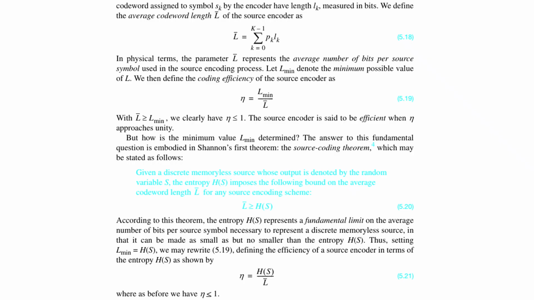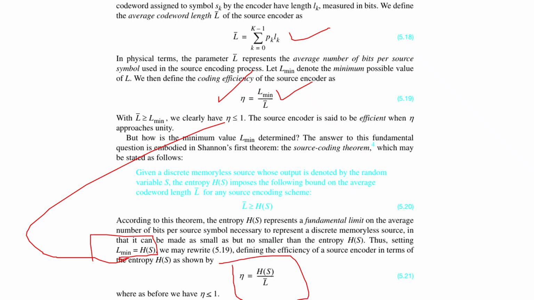Here L is the code word length, and you can use the equation sum of p_k into l_k. The coding efficiency of the source encoder is the ratio L minimum divided by L dash, and L minimum is nothing but H of S, right? So if you replace that, you will get eta is equal to H of S by L.